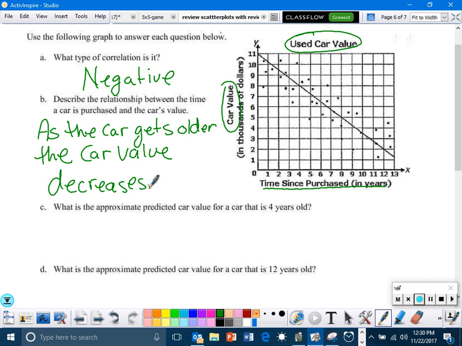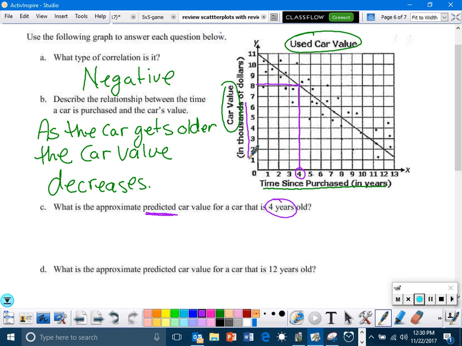All right, so we're going to use the graph to help make some predictions. Predict a car's value for a car that is 4 years old. I go to 4 years, go up to the line, and go across. And I see an 8.